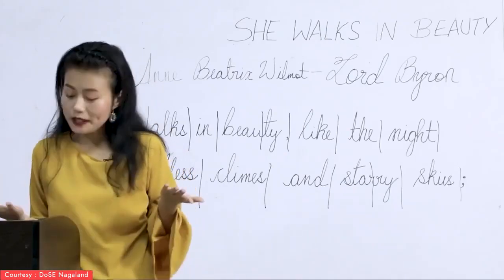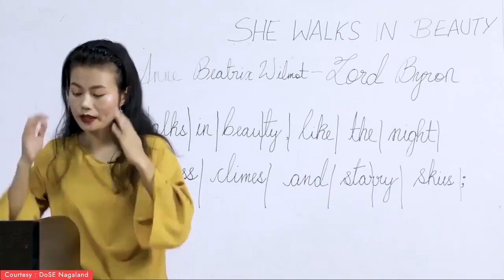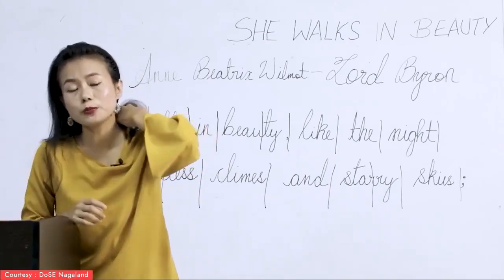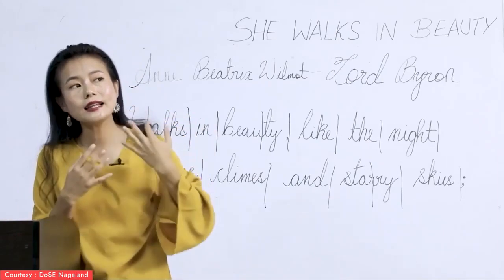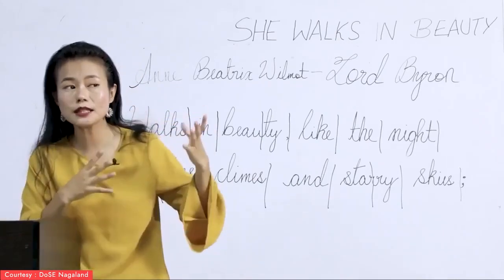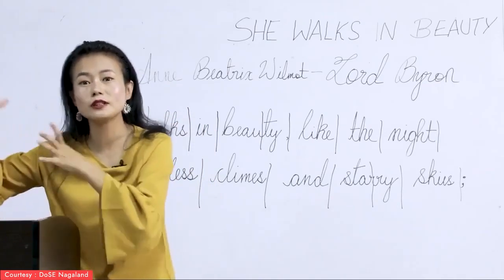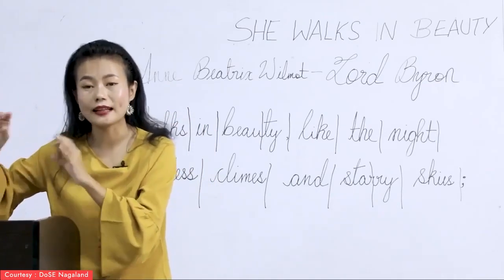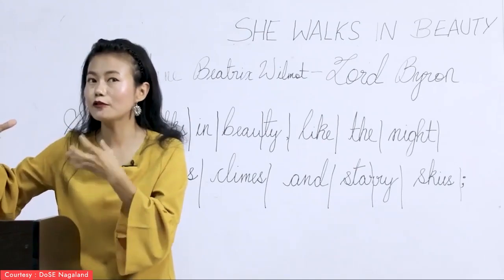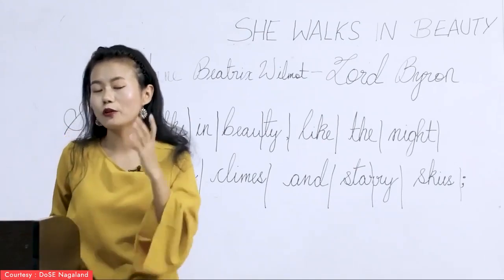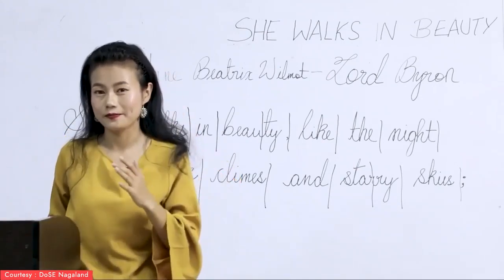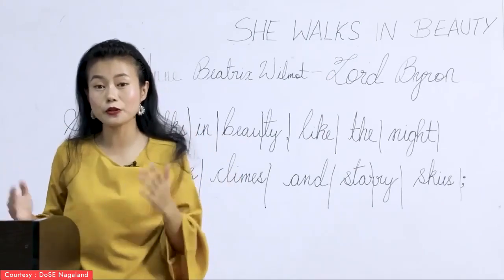So the woman is presented against the backdrop of night because she is exceptionally beautiful. All right, her beauty is compared to night. I've mentioned already, not just an ordinary night, but a night where it is cloudless and full of stars. And I hope you have already imagined that in your mind. And obviously, it's very beautiful, right?